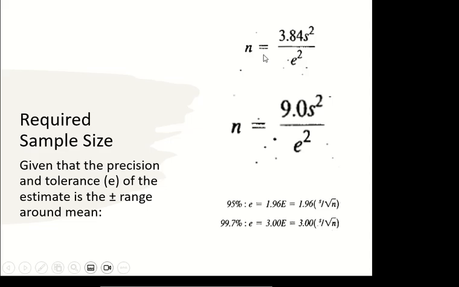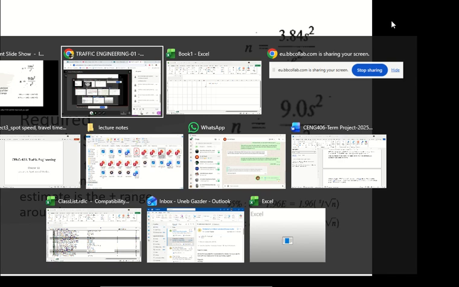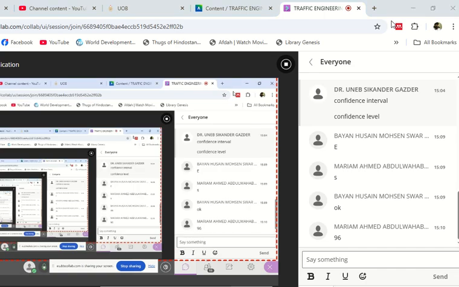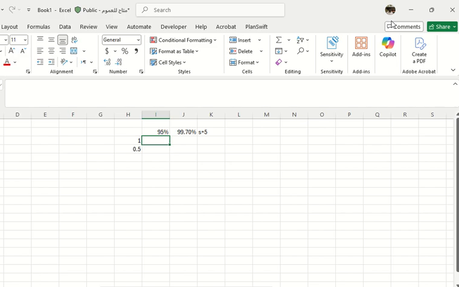How much is the first value? If S is 5 and E is 1, how much do you get? 96.